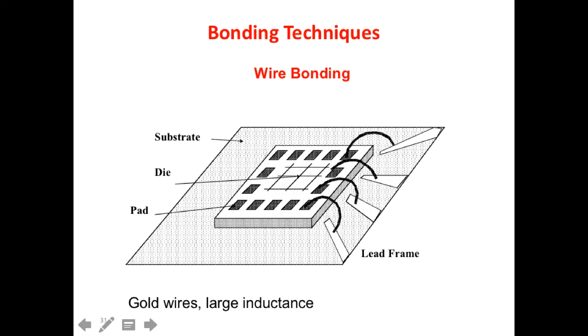And what you typically do is that with glue, you put the silicon die on the package, on the substrate of the package, that is here, and then the substrate of the package is connected to the external pins of the chip. And therefore, for each pad, you have to put a gold wire connecting the pad to the pin.